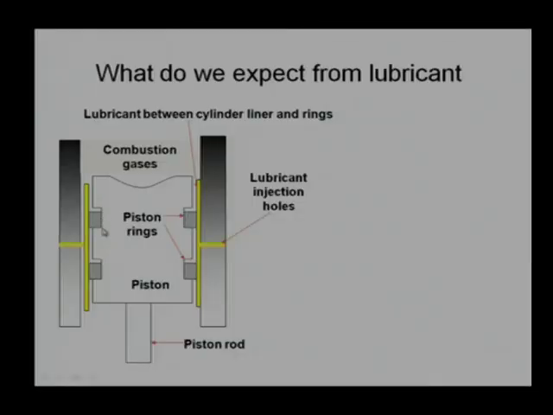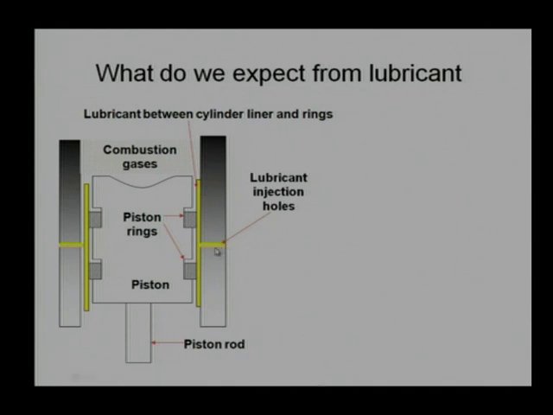Let us take an example of an IC engine, piston and ring lubrication mechanism. There is a cylinder liner, there are piston rings, and there is a piston. Now, we know the piston has to reciprocate for the compression and the expansion, and there will be combustion gases towards the cylinder side, where the fuel and air mixture is burnt and gives us a spark, to get the expansion stroke.